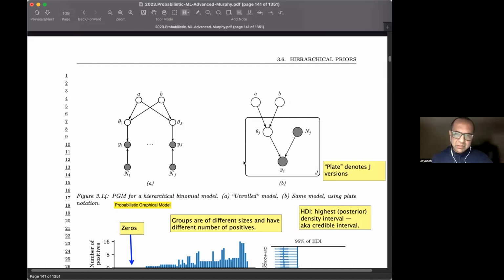You can imagine that this plate is replicated j times, whatever is shown here in the bottom right. And you can imagine these connections, A and B, going to each and every individual theta, and each of those has its own size and its own output. So these are equivalent representations.